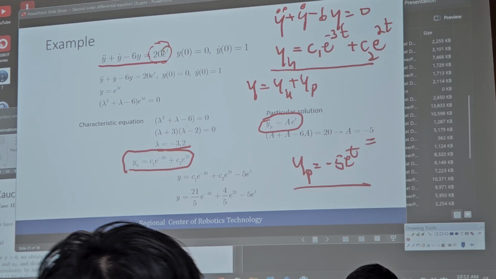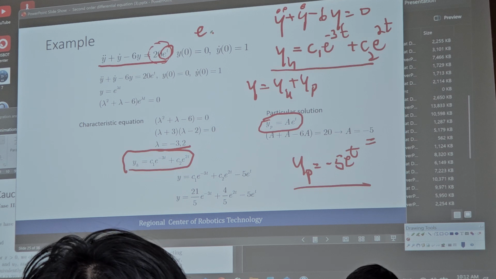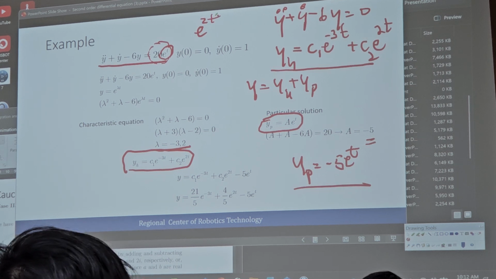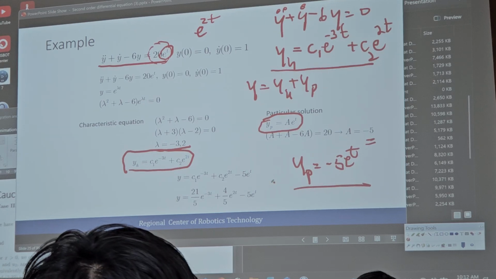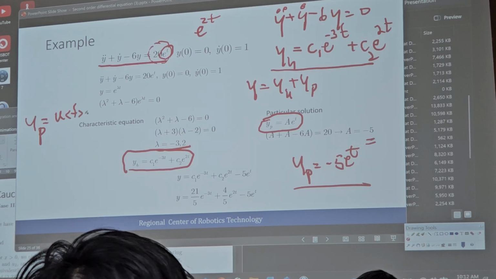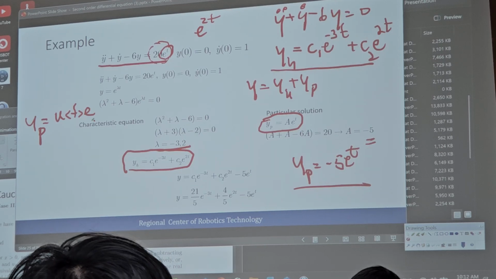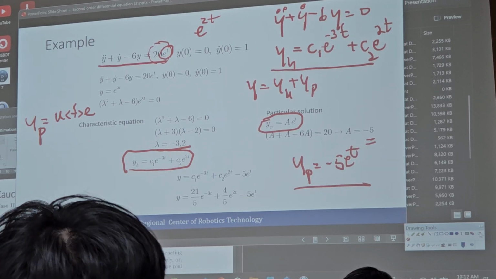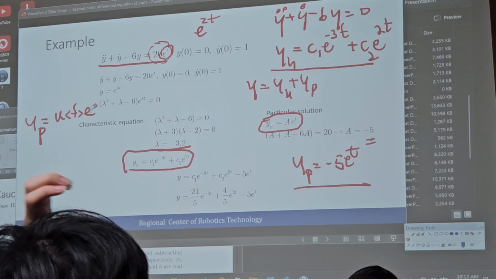If this one is equal to one of these, in that case yp has to be multiplied by t. Actually, you have two of these. I will show you more.